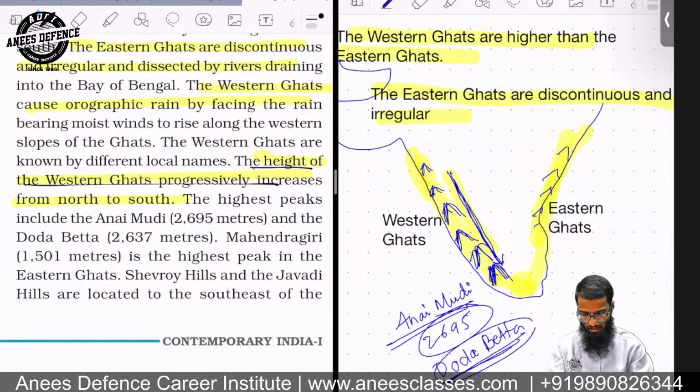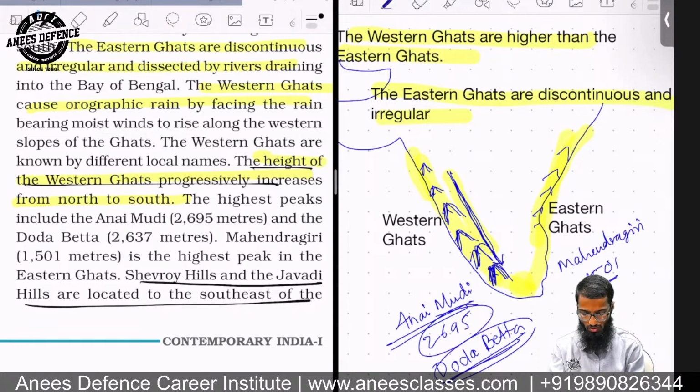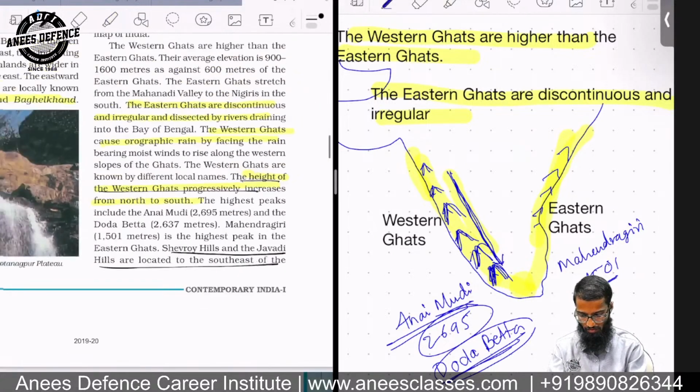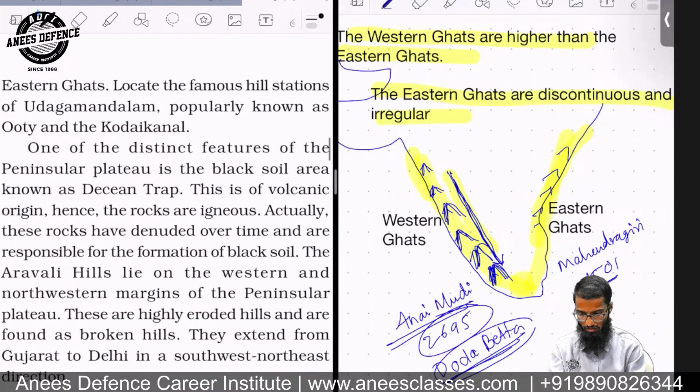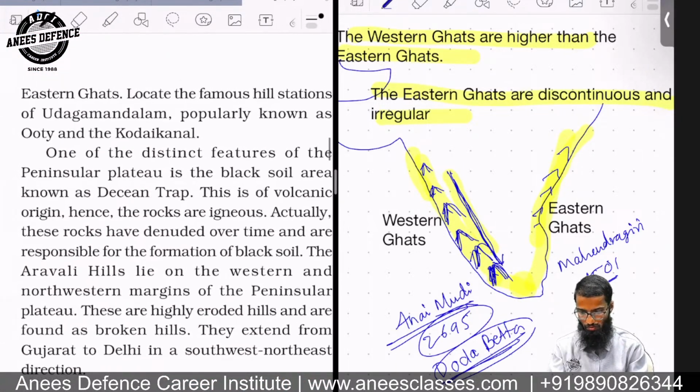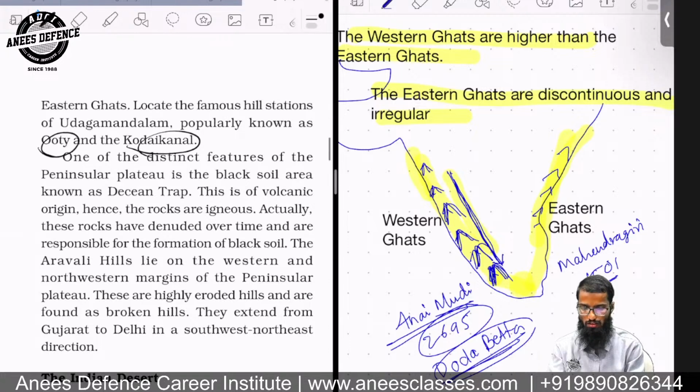Mahendragiri is the highest in the Eastern Ghats, comparatively less. Shevaroy Hills and Javadi Hills are located to the southeast of the Eastern Ghats. Ooty is also in the Eastern Ghats, and Kodaikanal is also in the Eastern Ghats.